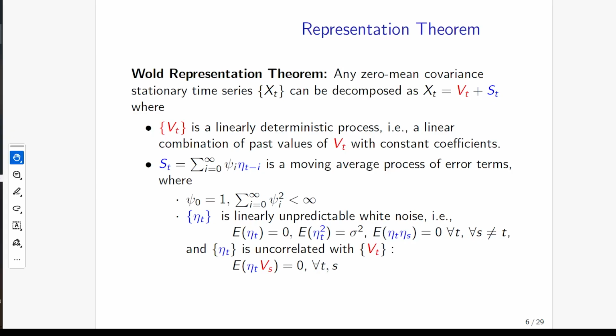And the white noise terms are also uncorrelated with the linearly deterministic process.